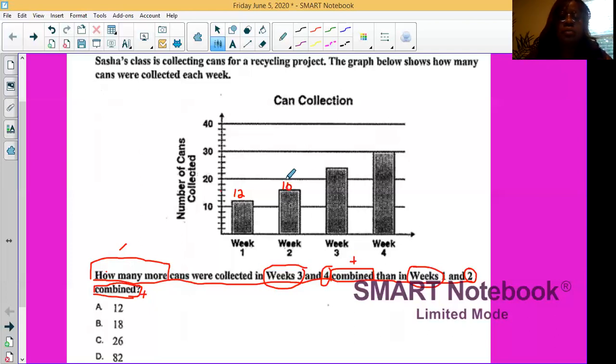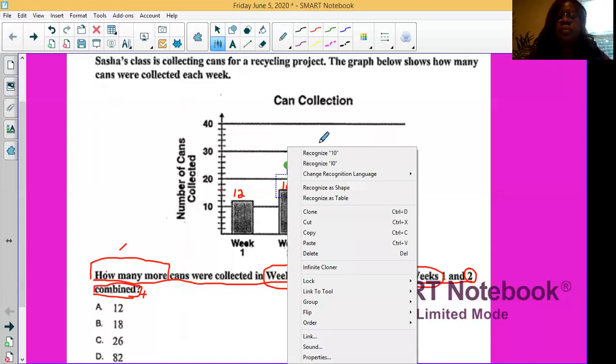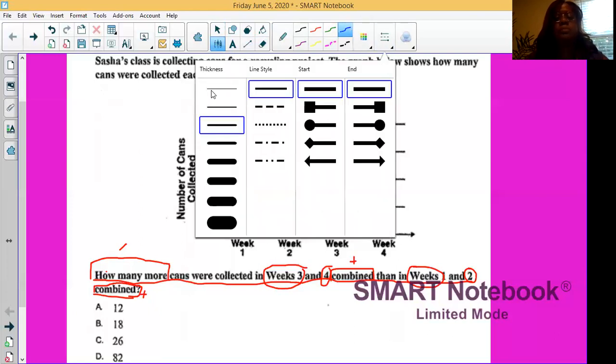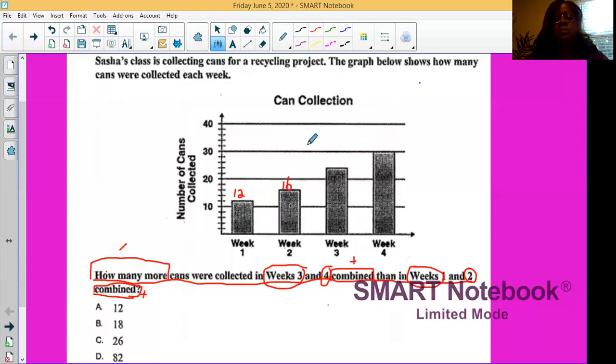All right, then go to week 3. Let's see where it is. I know the solid line is 20.